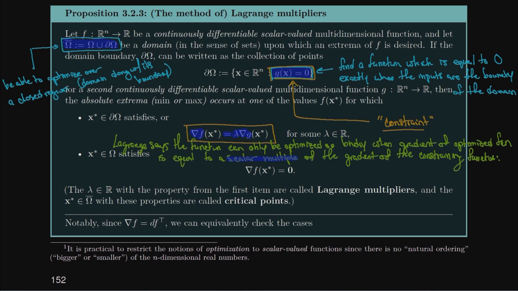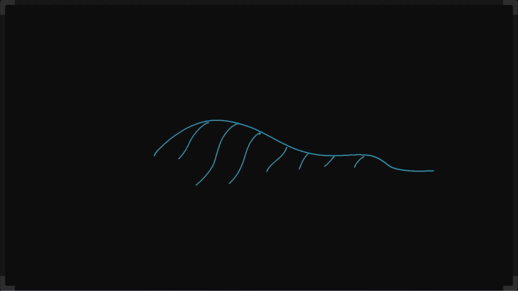Now, why should this be true? Well, I've come over to the whiteboard here to try to make this clearer. Let's imagine that we have a three-dimensional mountain range, and we would like to restrict to a region of the mountain range and ask for the min and max values within the region.